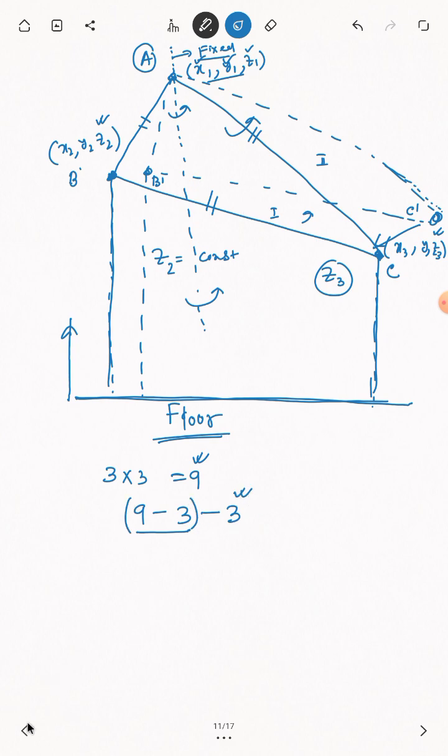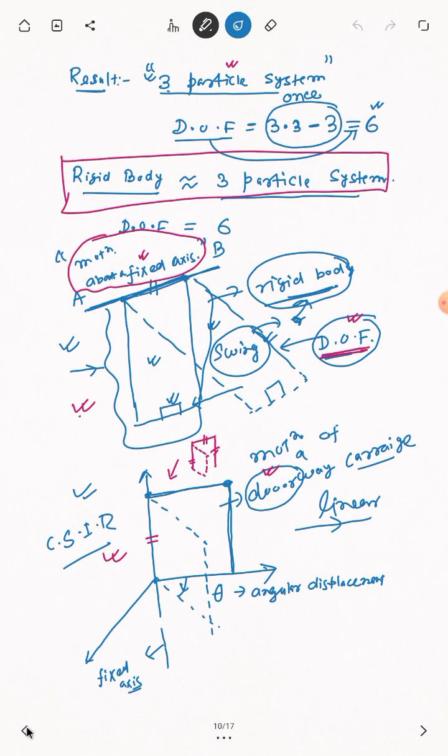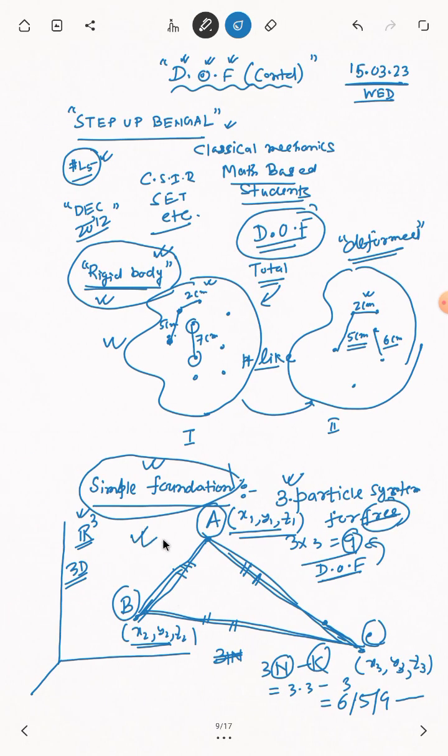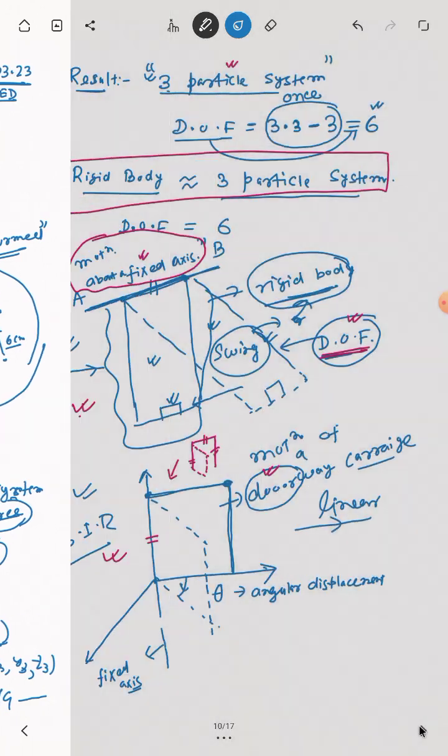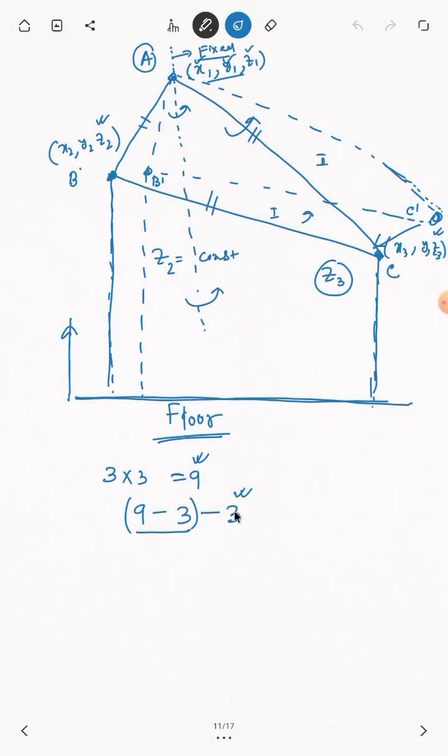We have already discussed this portion when we discussed the 3 particle system. Here was the result, 3 into 3 minus 3, that means 6. So we have 6 in our hand, and from that we eliminate these 3 because this point is fixed. And when it is rotating, the vertical heights, that means z2 and z3, will also be eliminated. So here will be 1 elimination and 1. So ultimately what we get is 6 minus 5, so 1.